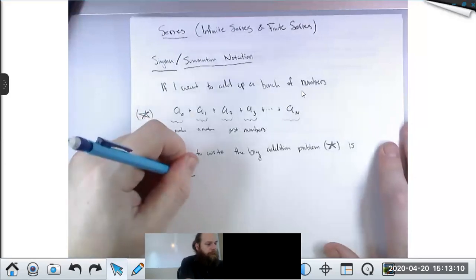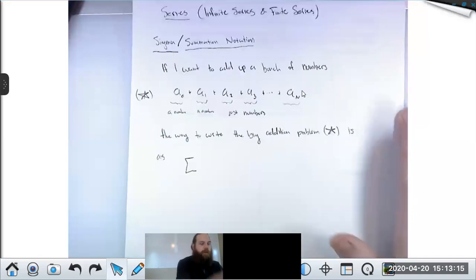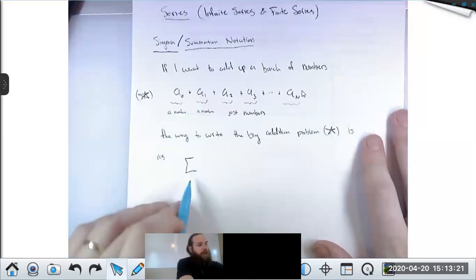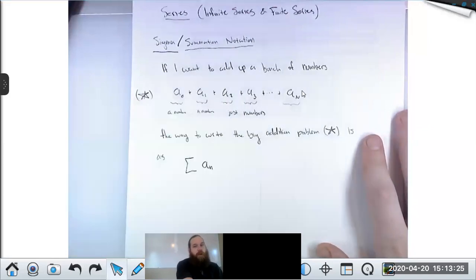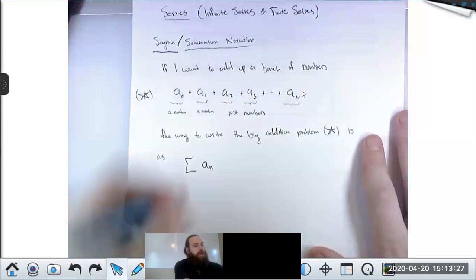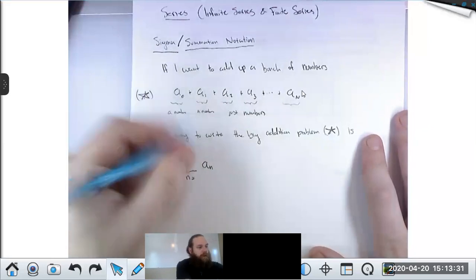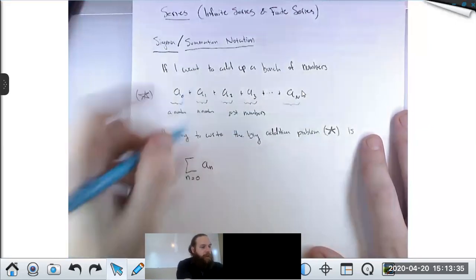You use a capital Greek letter sigma. Sigma stands for sum, like S-U-M, to add up, to sum. And then you specify what you're adding up. So I'm adding up a bunch of things that look like a sub n, where n runs from, in this case, well, the first term is a0, so little n is 0 there, and the last term is a sub capital N.